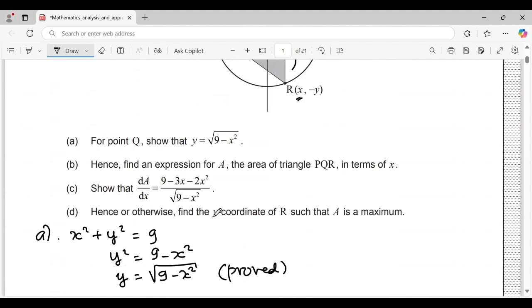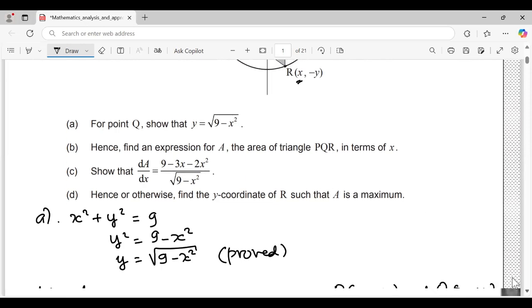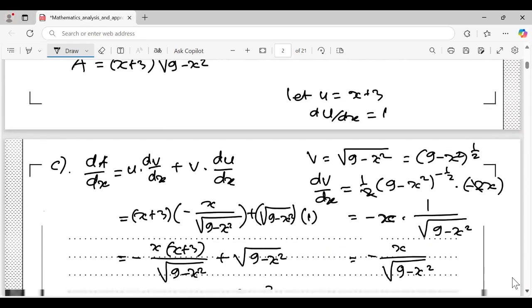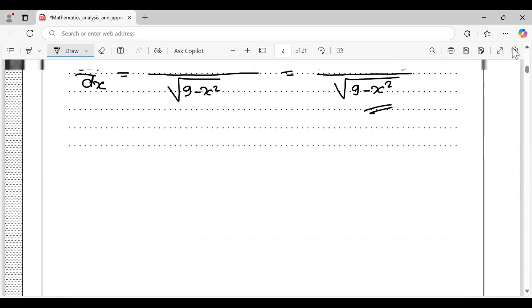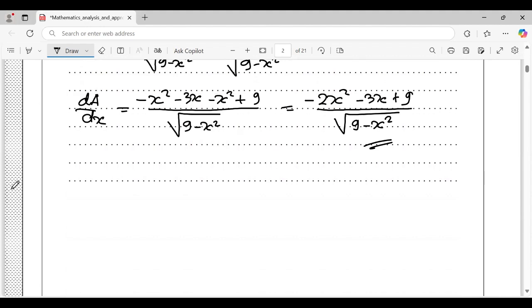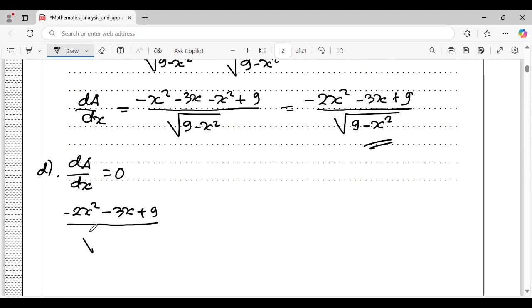Hence or otherwise find the y coordinate of R so that A is a maximum. A maximum we can get if dA/dx equals 0. It means this expression equals 0: minus 2x squared minus 3x plus 9 divided by square root 9 minus x squared is 0.